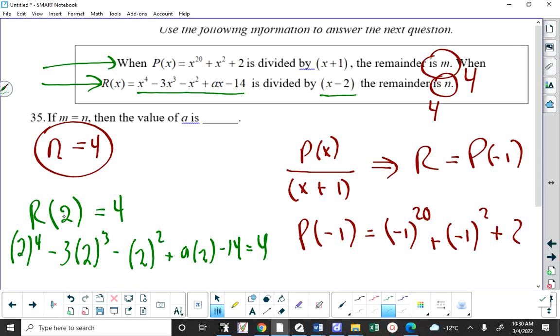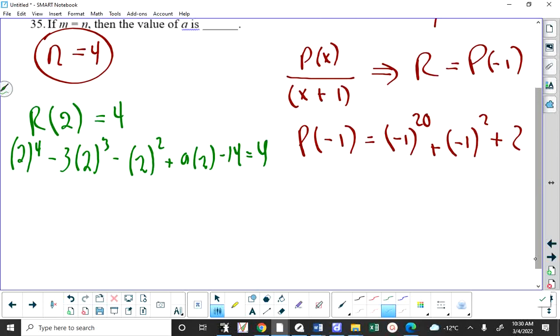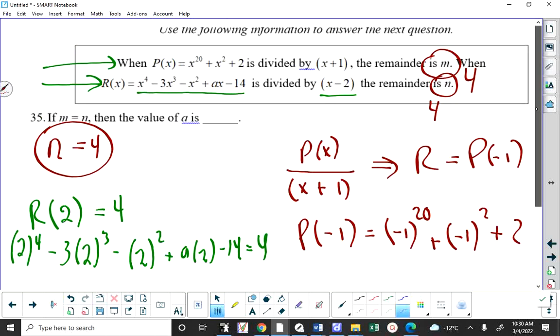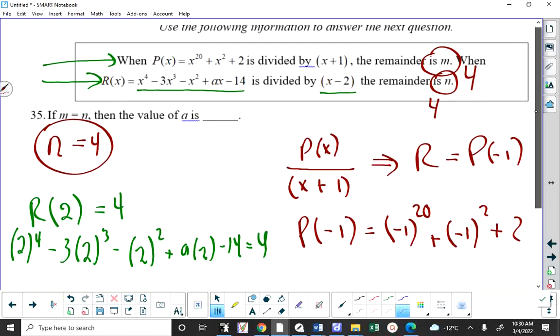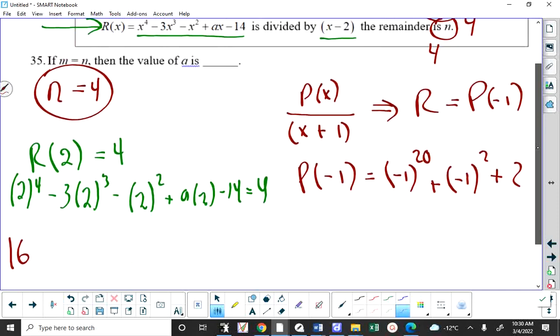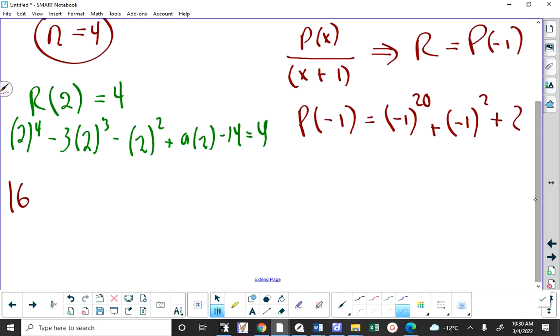And now you can solve that equation for a. Briefly, I still have a few more minutes here. If we simplify this, 2 to the 4 is 16. I better double check my work here. I put 4 there. I'm putting 2 in everywhere. Yeah, we're okay.